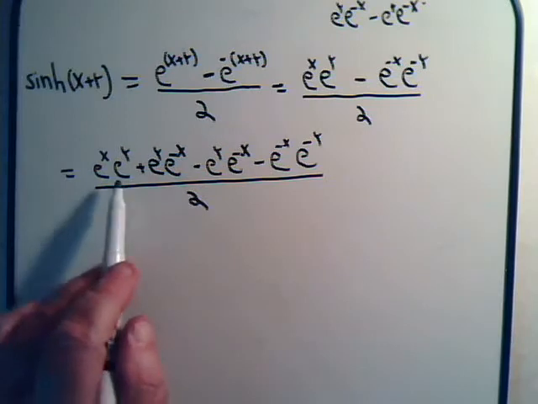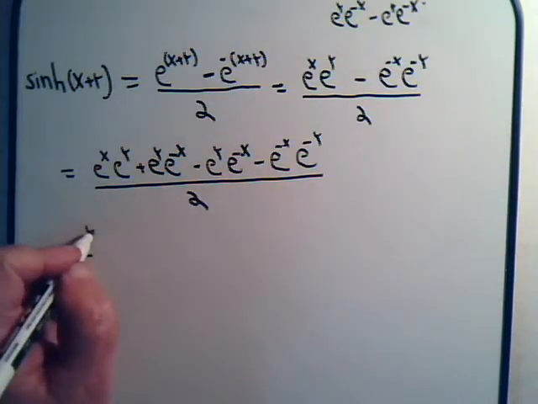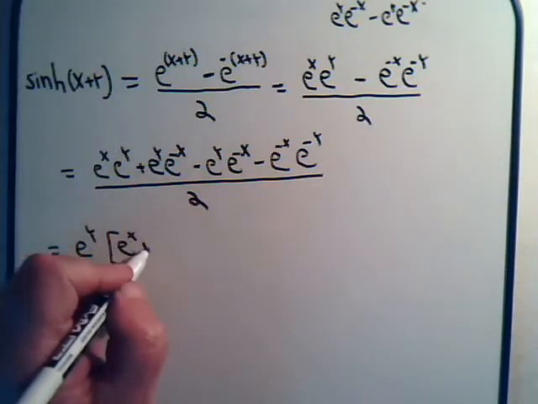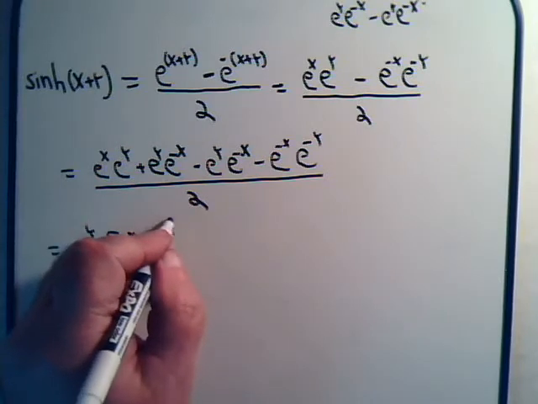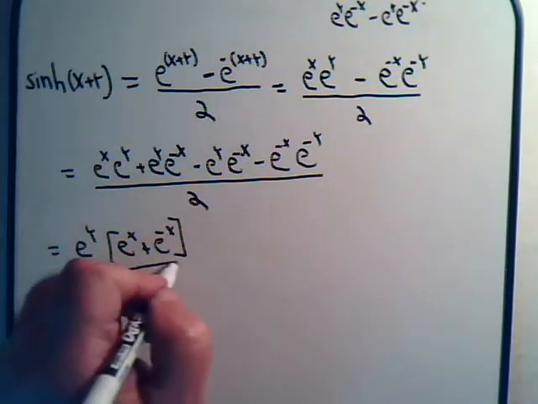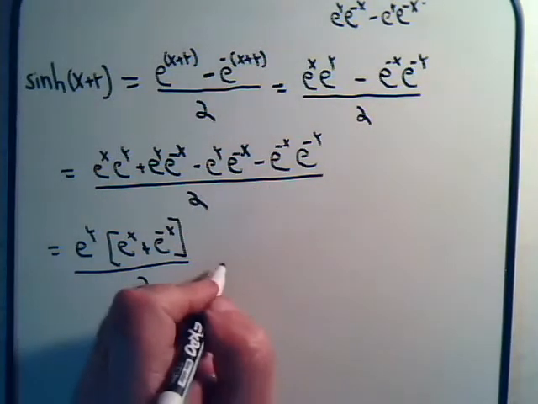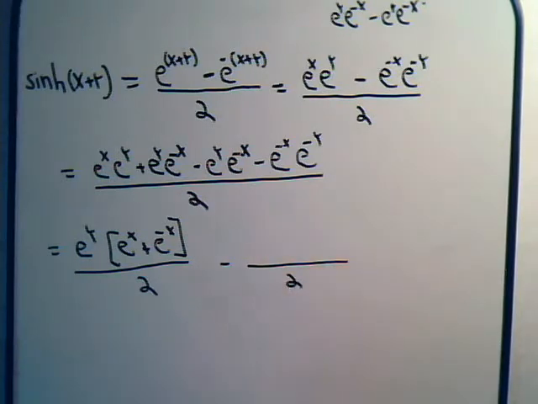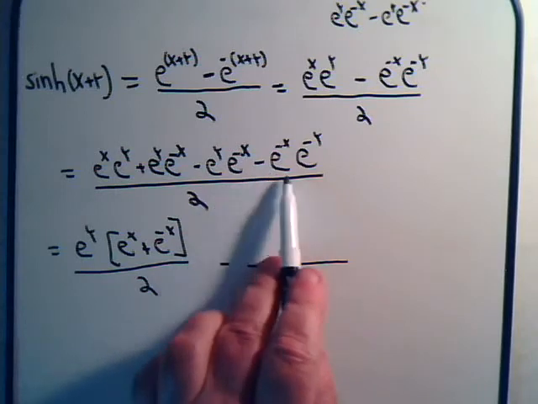And here we can factor out e to the y. That will be e to the x plus e to the minus x divided by 2. And here we have two negative signs, so we'll say minus something over 2. And here we have e to the minus x that we can factor out.